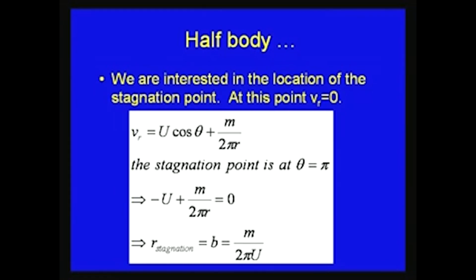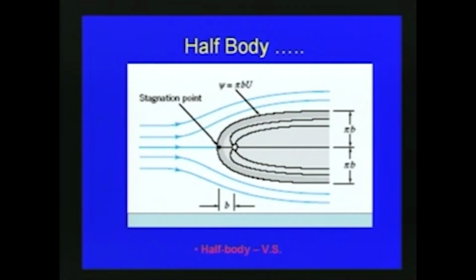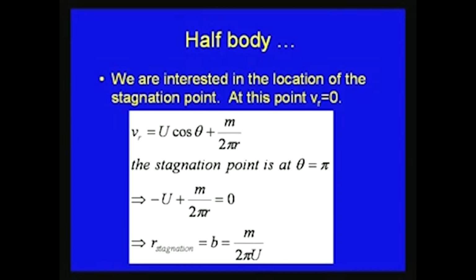Now, for the stagnation point, with respect to this figure, you can see that if the source is at the origin, the stagnation point is at theta equal to pi.